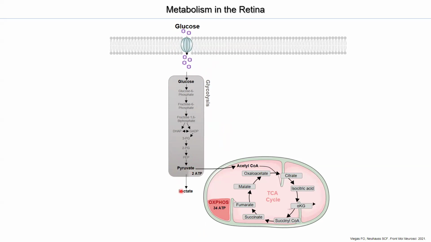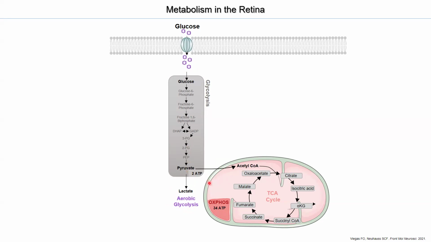Pyruvate can then either be turned into lactate or into acetyl-CoA, and then it enters the TCA cycle and can perform oxidative phosphorylation inside the mitochondria, which gives us 34 ATP. What's interesting about the photoreceptors is that they prefer glycolysis. They have this process called aerobic glycolysis, where they do mostly glycolysis even in the presence of oxygen, instead of oxidative phosphorylation.